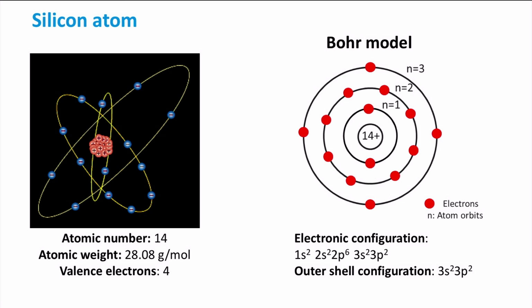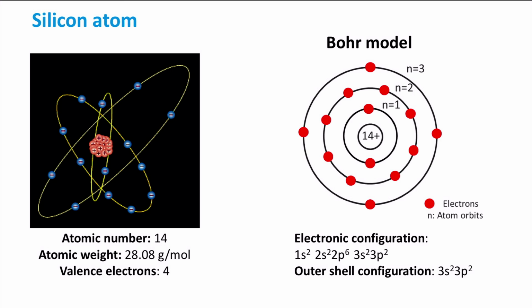The electronic distribution can be better visualized if the atom is represented with the Bohr model. We can see that there are 2 electrons orbiting in the first shell, characterized by quantum number 1, filling only the s orbital. In the complete second shell, 8 electrons are filling s and p orbitals.